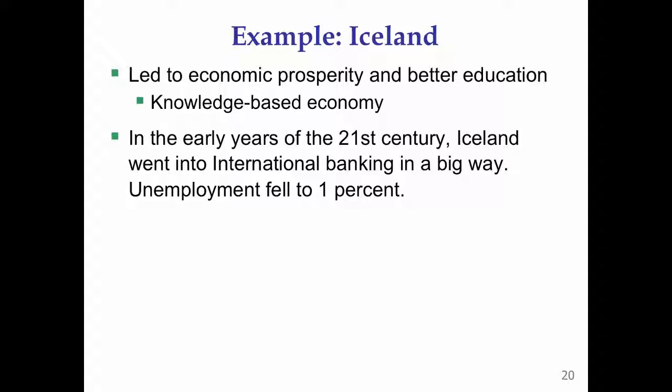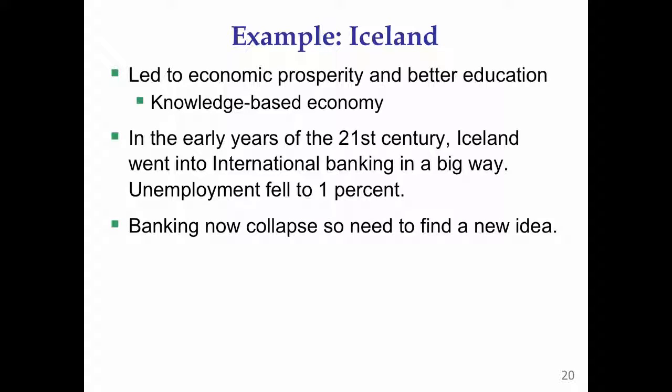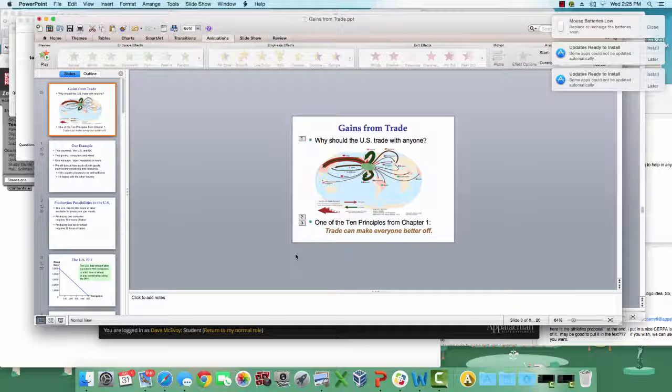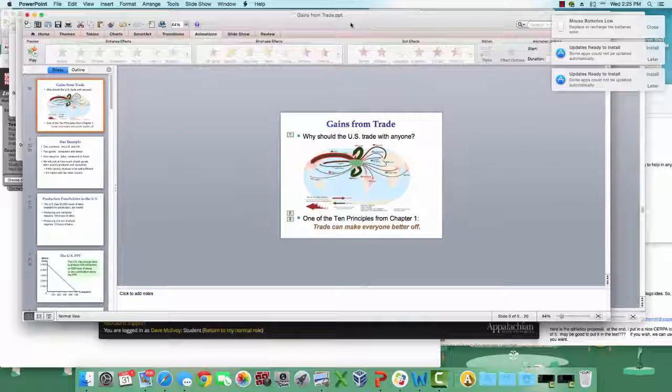And so in the early part of the 21st century, Iceland went into international banking in a big way, and their unemployment rate fell to 1%. They did very well through specializing in international banking. However, some years later, the banking sector collapsed with the Great Recession, and so we need to find a new idea, something else to specialize in.